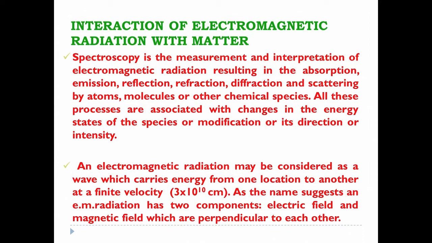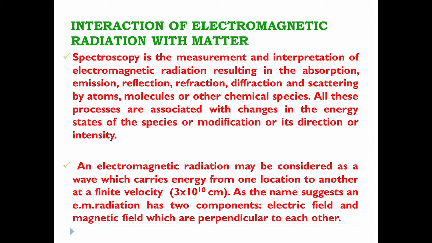All these processes are associated with changes in the energy states of the species, or modifications of its direction or intensity. Therefore, what we do in spectroscopy is the measurement and interpretation of the change of properties of the electromagnetic radiation when it interacts with matter.